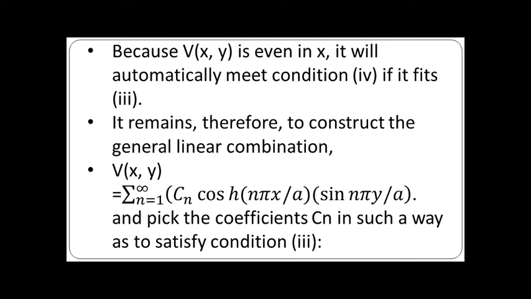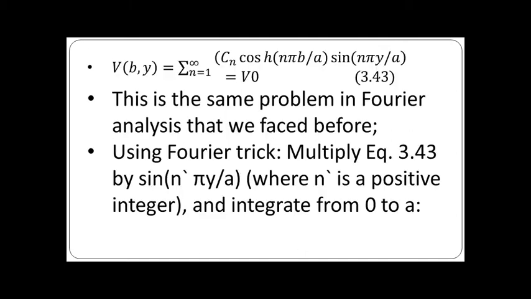Now, this is not directly satisfying our third and fourth conditions, but in this one there is a coefficient Cn which is buried in it, and that value of the coefficient we have to find out so it can satisfy the last two boundary conditions. To pick up that coefficient which is buried in this sine series, we have to utilize the Fourier trick. So we can substitute x is equal to b.